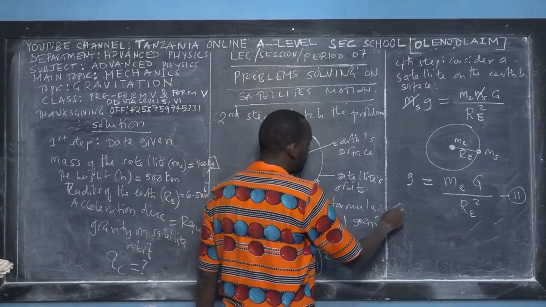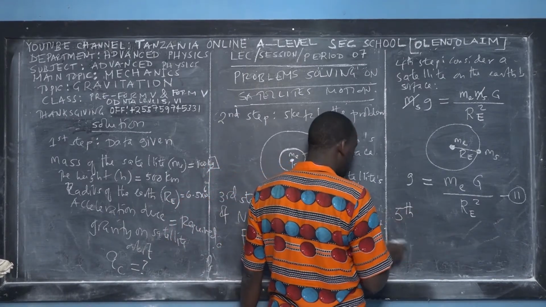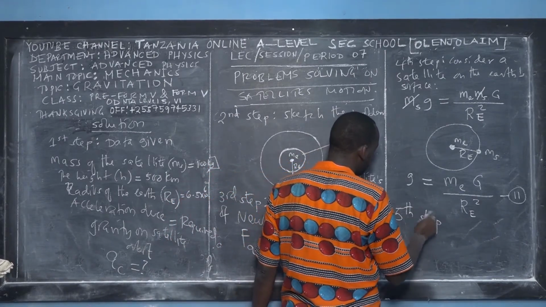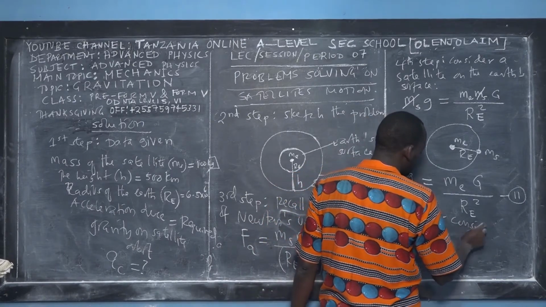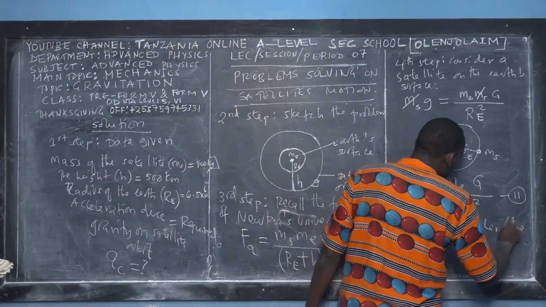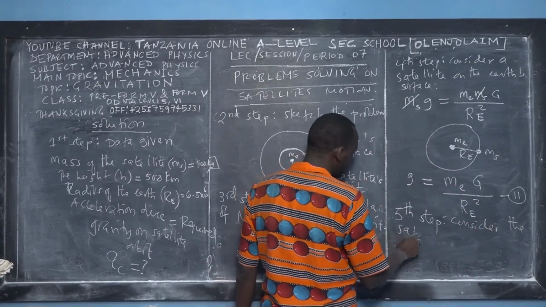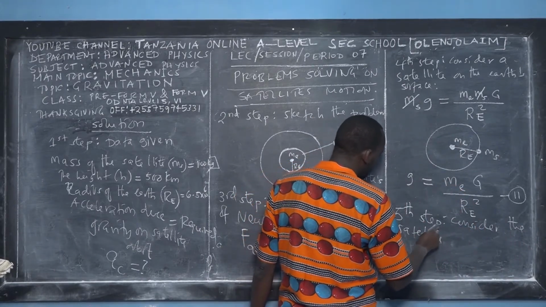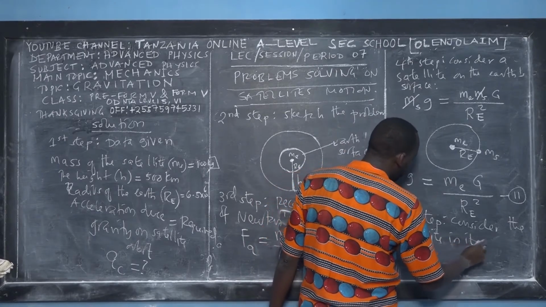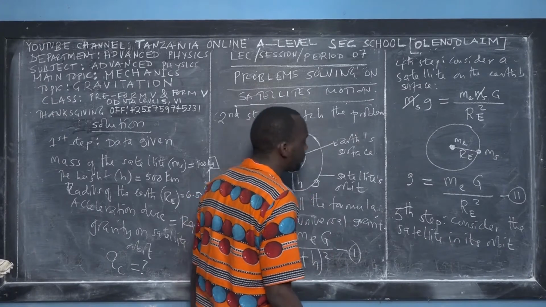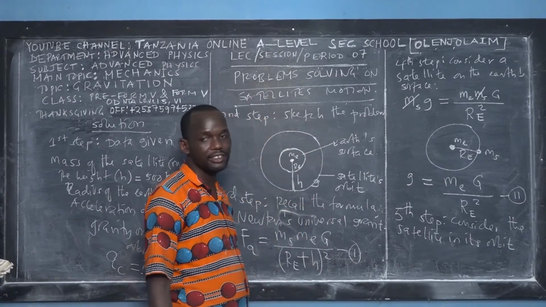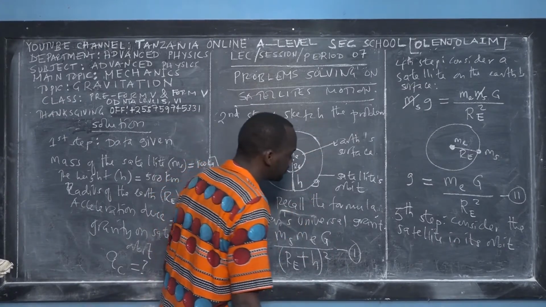The fifth step of solving this problem in part 1, because we are still solving part 1, we say that consider the satellite now in its orbit. So consider the satellite now in its orbit, which means outside the Earth's surface.